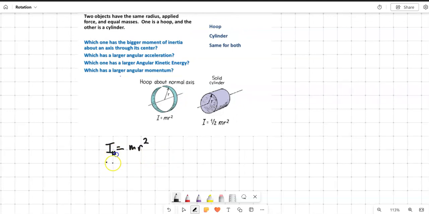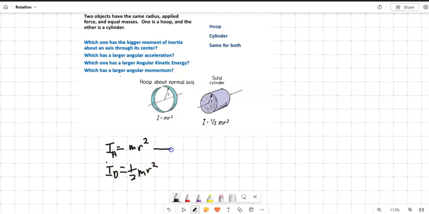So this is the hoop, and this is the disc. It has a moment of inertia of 1/2 MR squared. Now, the moment of inertia of the hoop is going to be twice as high as the disc's moment of inertia.